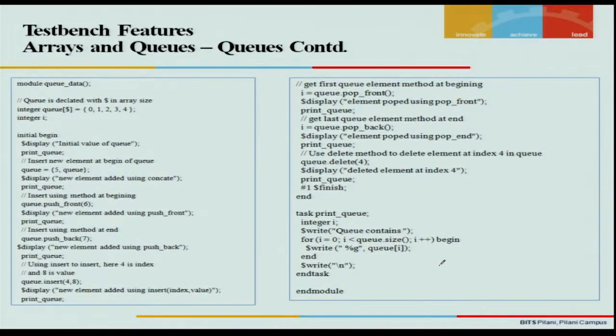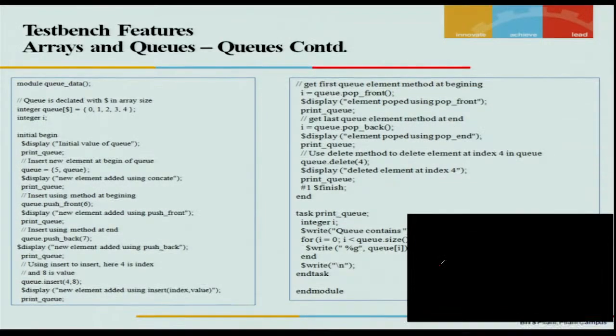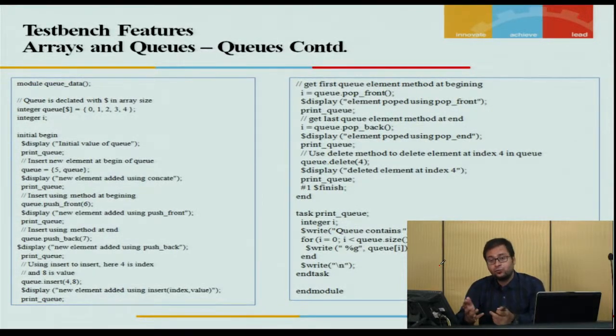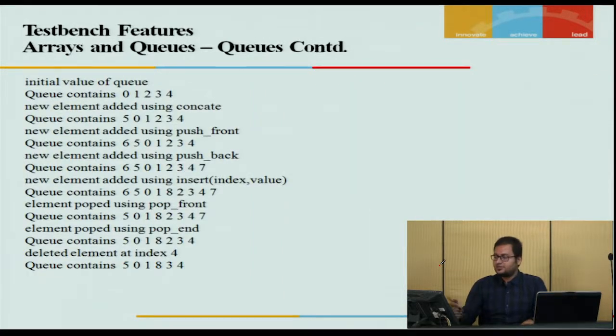Okay, now this is a perfect example of a queue, in which there is a module queue data, and at the first go you are assigning 4 values to a queue, and inside the initial begin you are first printing the queue. So in this case at the first go you will have 0 1 2 3 4.